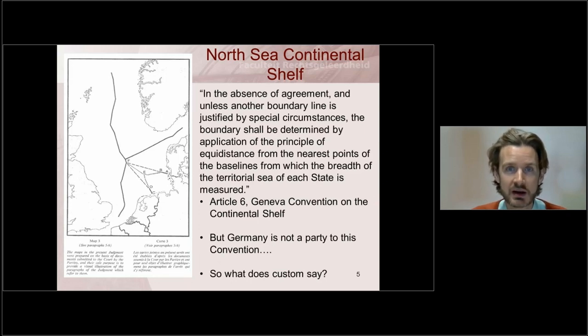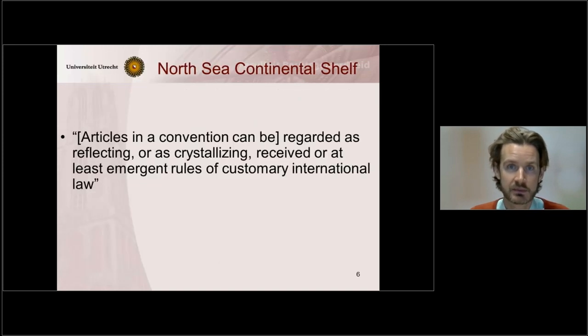So then Denmark and the Netherlands argued that the treaty provision was reflective of customary international law. And as customary international law, it also was binding on Germany. So the court was asked to conclude whether the Geneva Convention on the Continental Shelf reflected customary law and was as such binding on Germany.